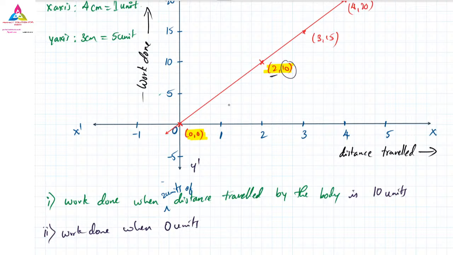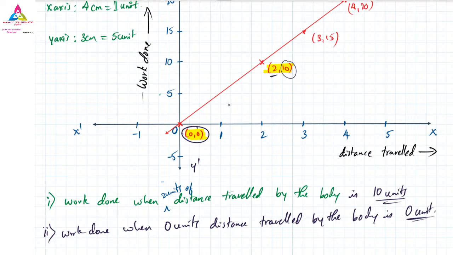So when 0 units distance is traveled by the body, how much work is done? 0 units. You can see this is the point, 0 units, y value is 0, work done is 0. So this is your final answer, and with this you finish your answer. I think all of you understood this, no problem with this.